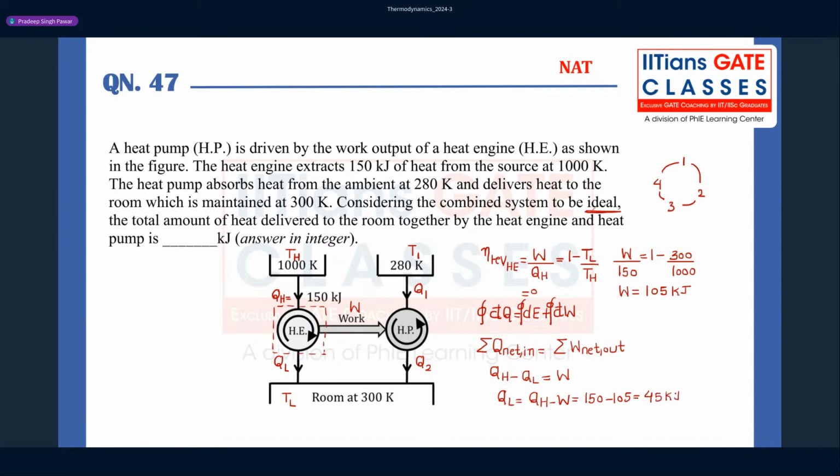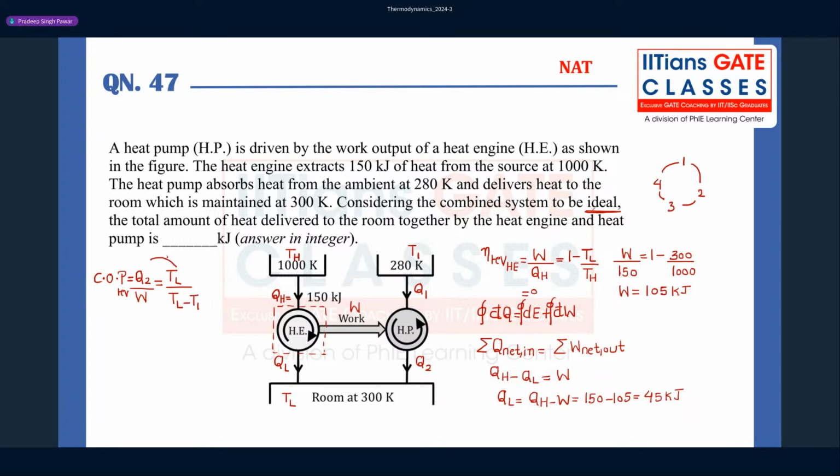Let's now go to the heat pump. We'll calculate the COP of the heat pump. COP is the desired effect upon work input. What is the desired effect in a heat pump? We want to maintain the room at a higher temperature. So the desired effect is Q2 by the work input, which is W. Since we are now writing the COP for a reversible heat pump, this becomes TL upon TL minus T1.